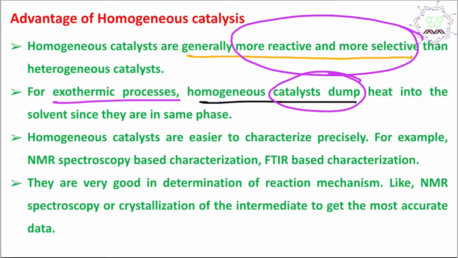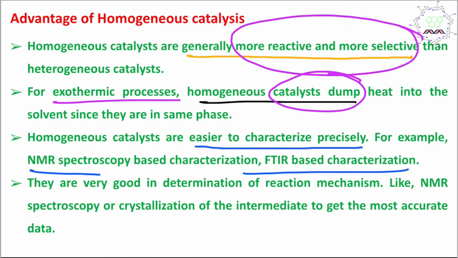Homogeneous catalysts are easier to characterize precisely. Why? For example, using NMR spectroscopy or FTIR, because in homogeneous catalysis the catalyst and reactant are both soluble in a particular medium, so you can check the FTIR or NMR spectroscopy of the reaction mixture and follow the progress.